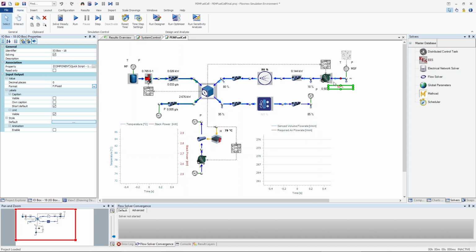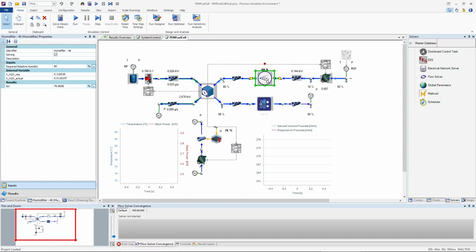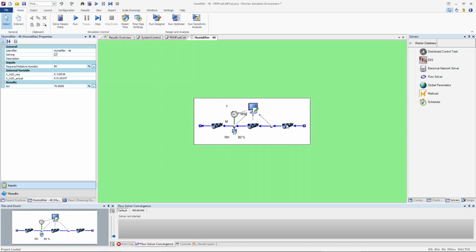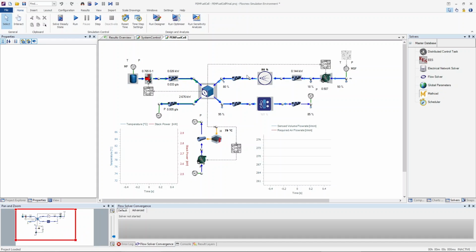So essentially that's needed for the chemical reaction inside of the PEM fuel cell. We have the compressor here being represented by the basic centrifugal pump, and we have another heater here just before the humidifier, and this is a custom component that has been created for these specific conditions.